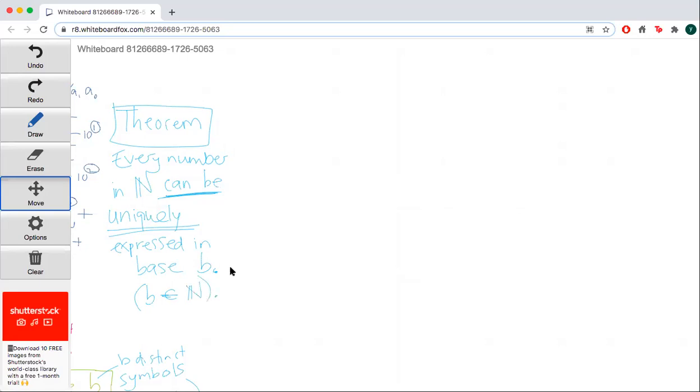So technically our base can be anything, but I really hope someone doesn't tell me to express something in base 32 because I don't really want to remember 32 symbols.